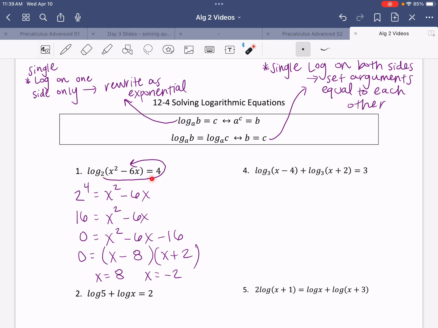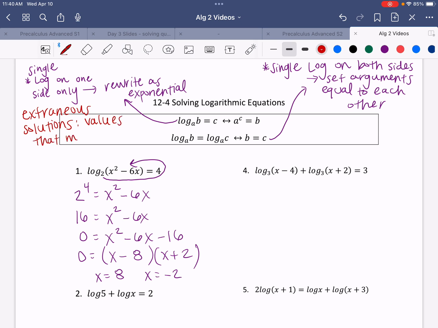Any positive base to an exponent will always give me a positive. So extraneous solutions are any values that make the argument negative.